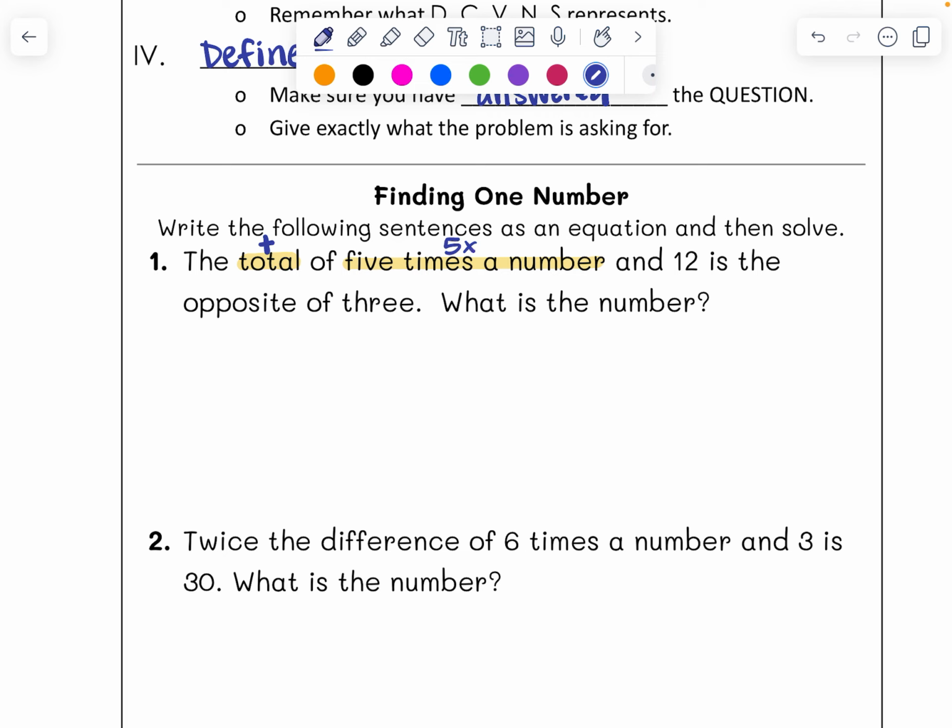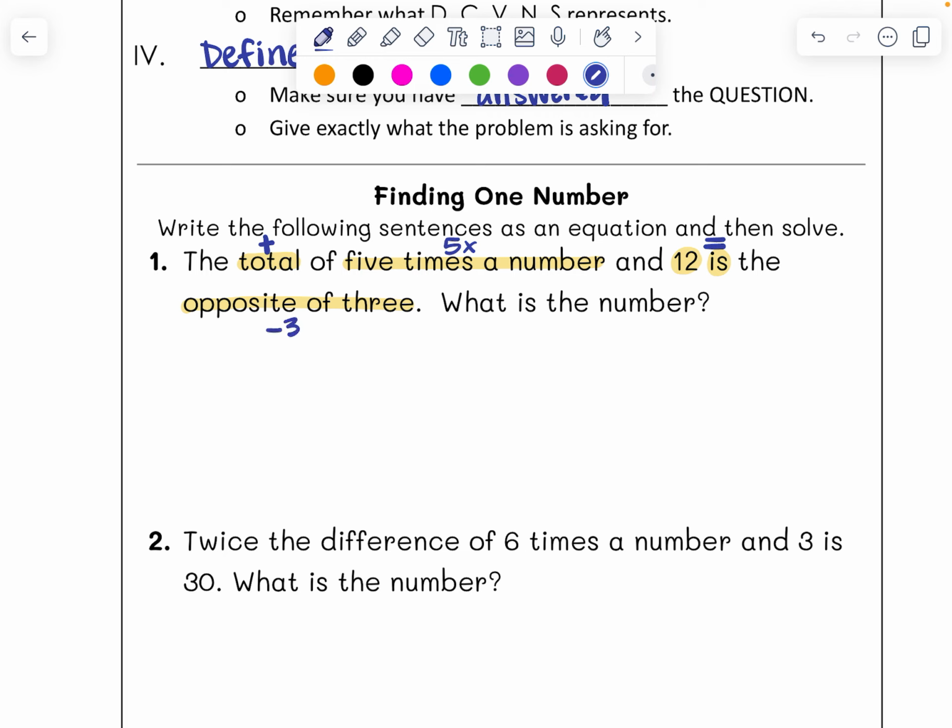Whenever we don't know what the number is, we call it x. 5 times a number we don't know would be 5x. The total of 5 times a number and 12 is. Now, is the word that tells you that's where your equal sign goes. Is the opposite of 3. So the opposite of 3 would be negative 3.